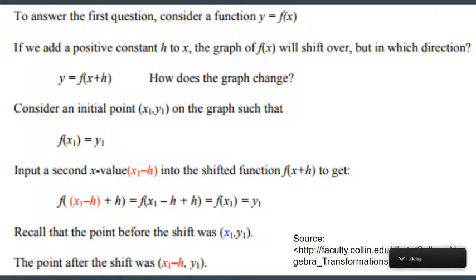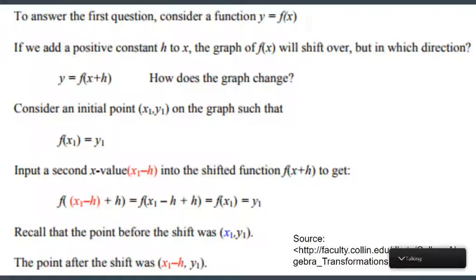Alright, and here's another explanation that I found online. Let's say we have a function y equals f of x, and then we add a positive constant h. What direction will it go? If we add h directly to x, in the parent graph we have the initial point x1 comma y1.